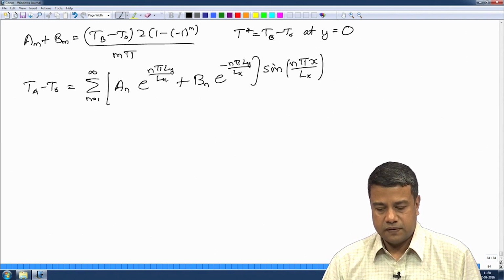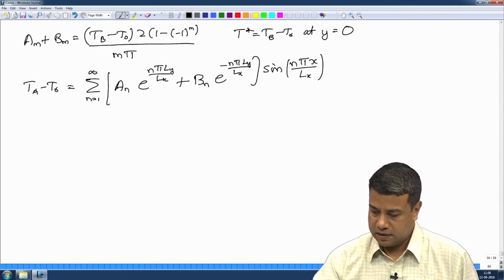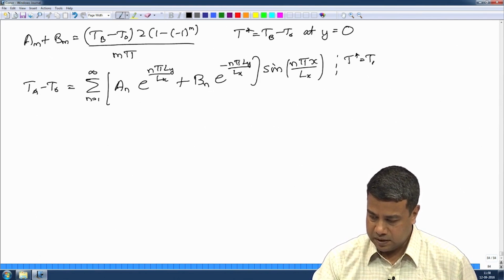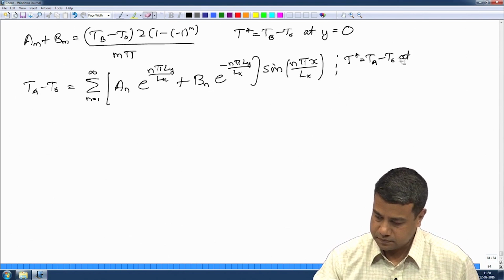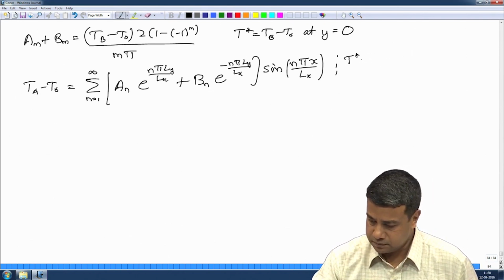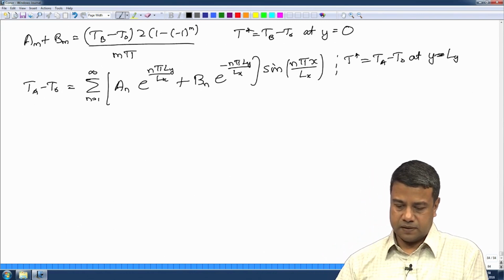And now once again I have to use the orthogonality relations. This is the boundary condition that T star is equal to Ta minus T naught at y is equal to Ly. So, this is the second boundary condition.